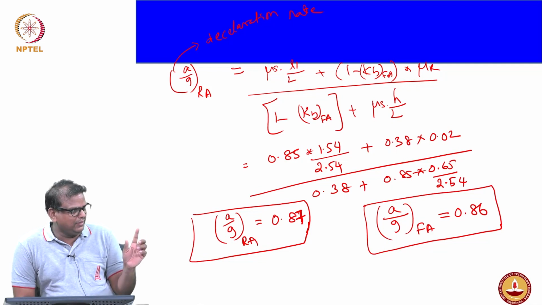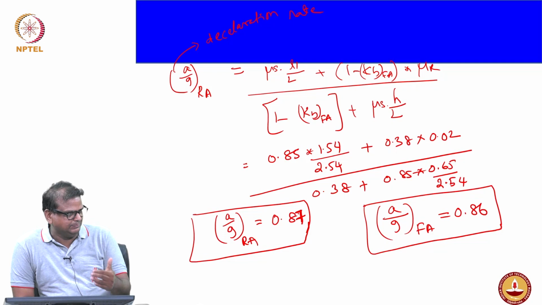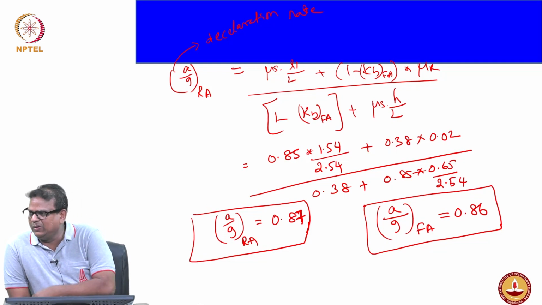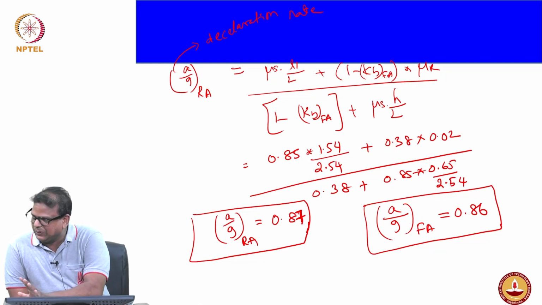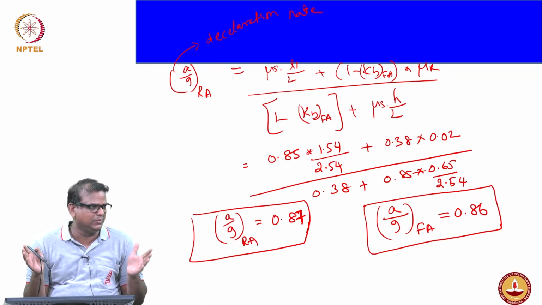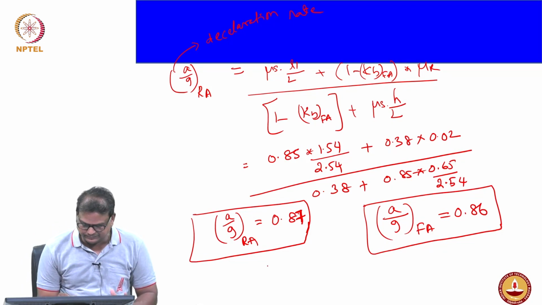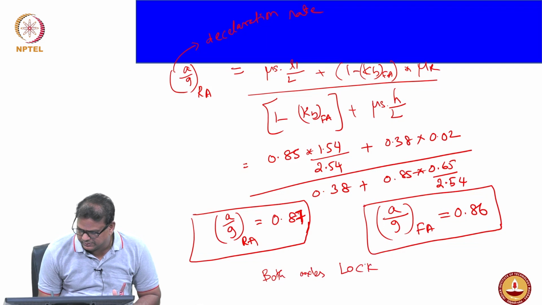So for one particular road adhesion, 0.85, we got the optimum KB front axle and KB rear axle, and tried to find out which will lock first. We got the deceleration rates, and they look equal. So both axles will lock at the same time.